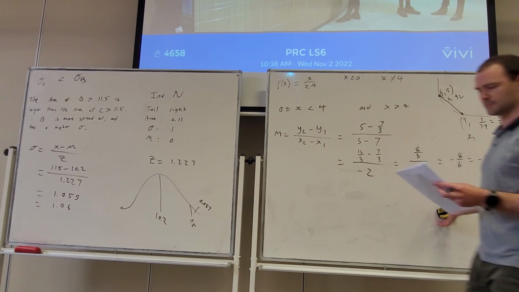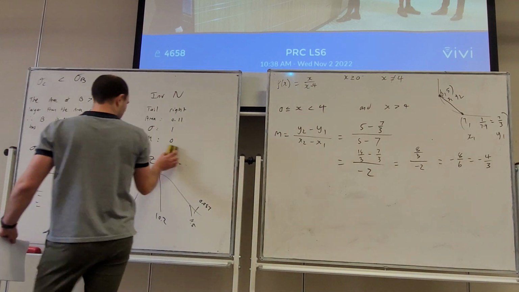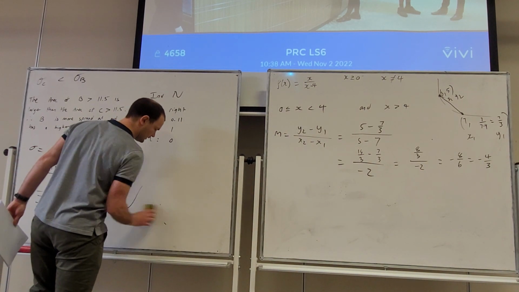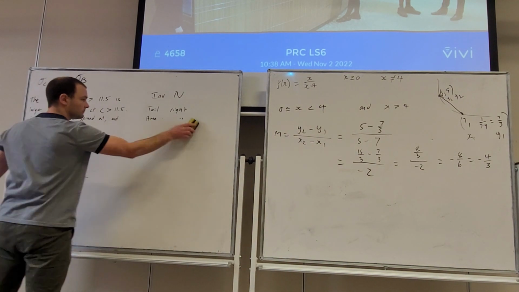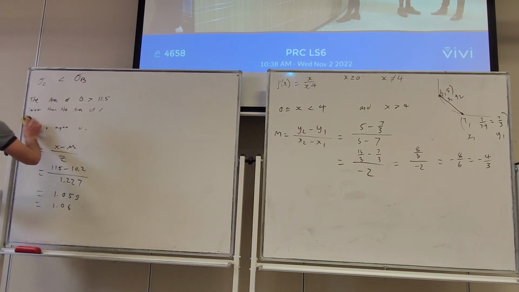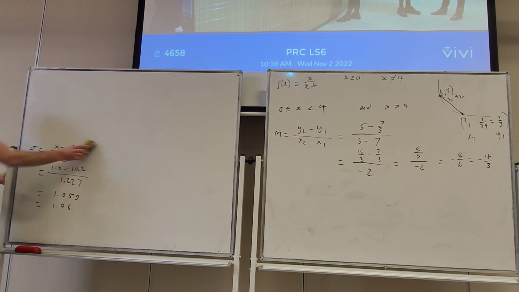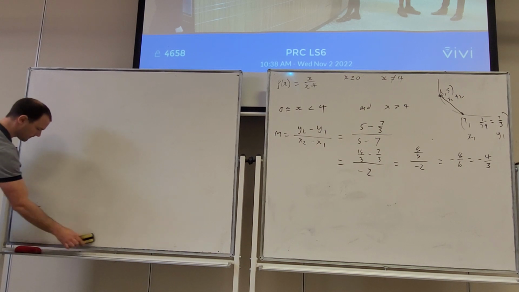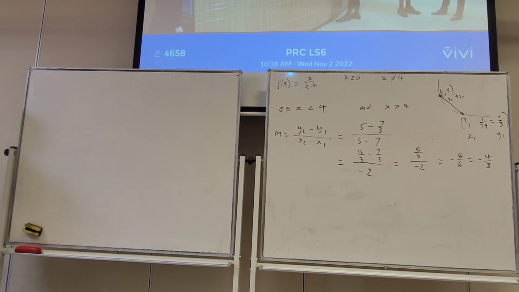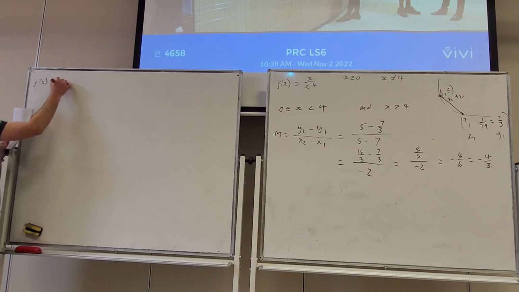Okay, and then the first principles. Using first principles, find f dash of 6. So first principles, you're welcome to charge ahead and have a bit of a go at this one yourself.